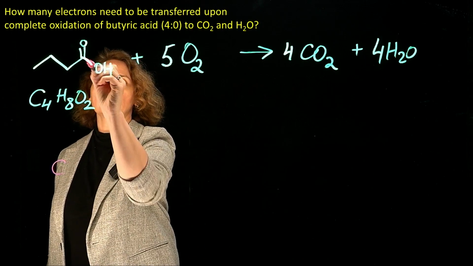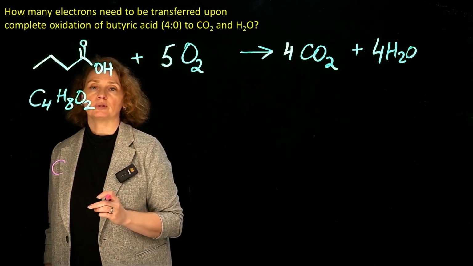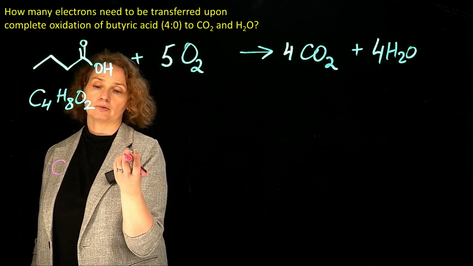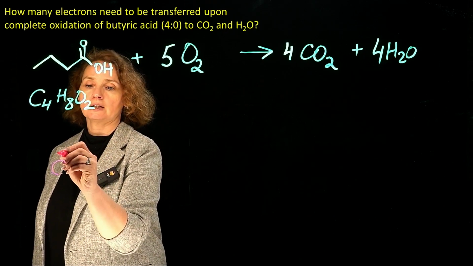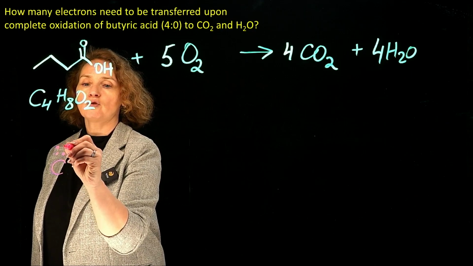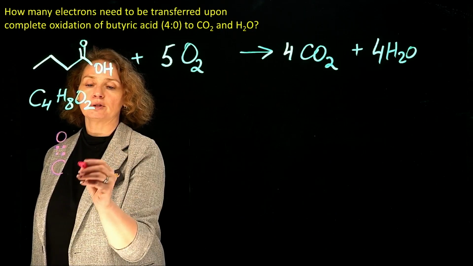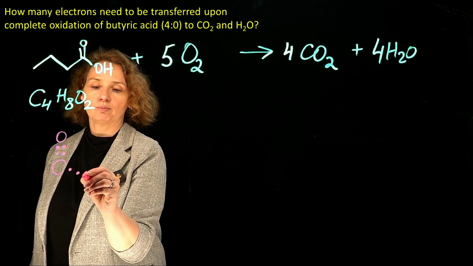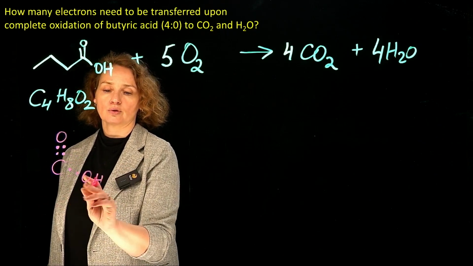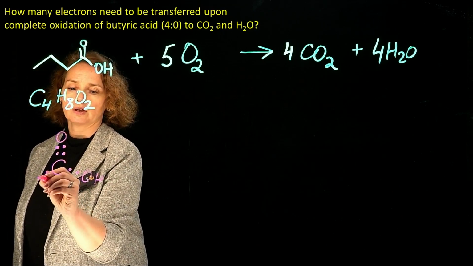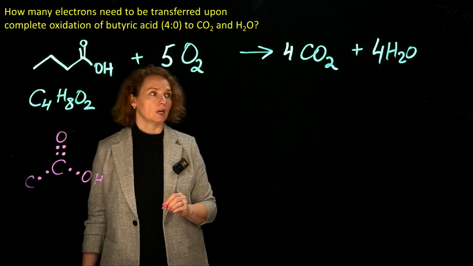For example, I'm now looking at the carbon of the carboxyl group. Pretty much write the Lewis structure for that. This carbon forms 2 bonds with oxygen of the carbonyl group, 1 bond with the hydroxyl group with another oxygen, right? And it forms a bond with carbon.